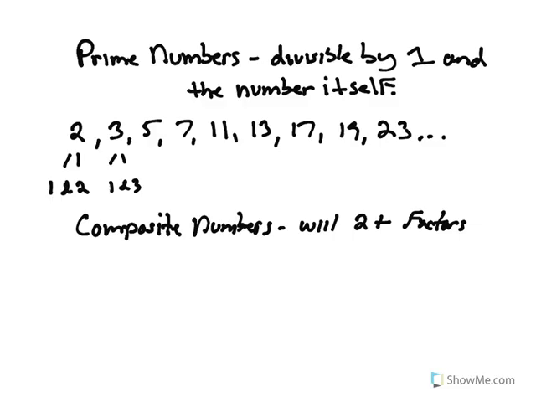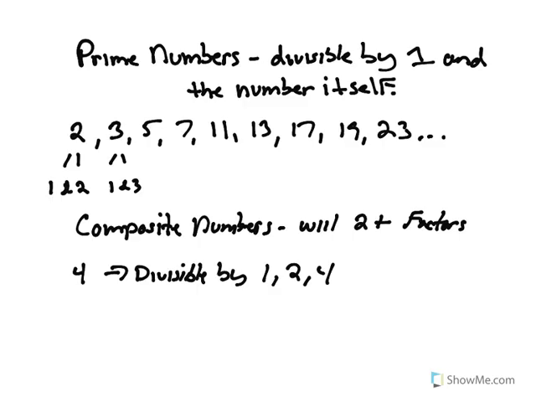For example, 4. Why is 4 a composite number? Because it's divisible by 1, 2, and the number itself. So those are 3 factors.